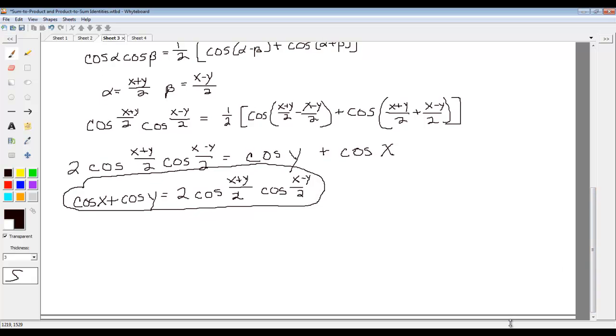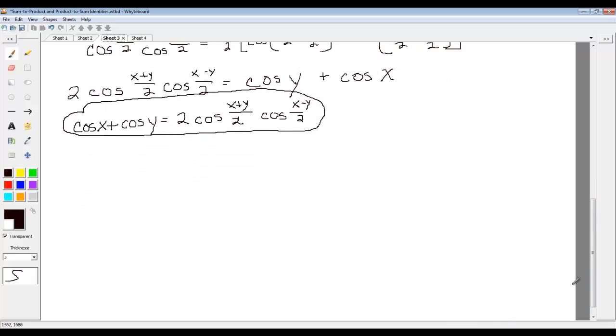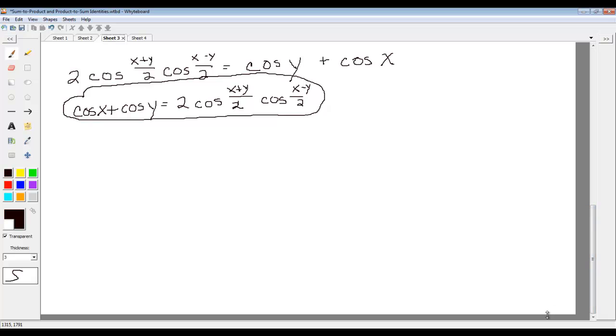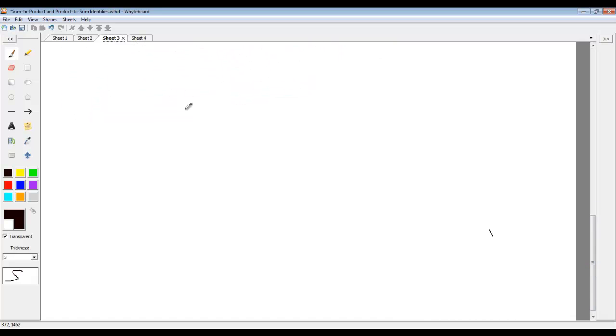To get the other cosine one, we need to start with sine alpha sine beta equals 1/2 cosine of alpha minus beta minus cosine of alpha plus beta.